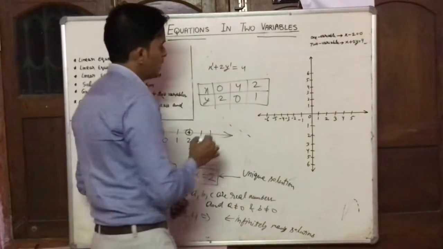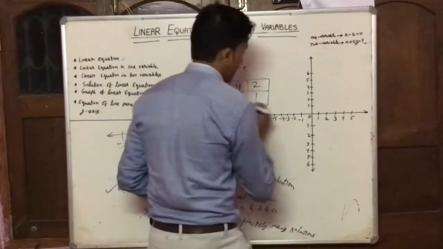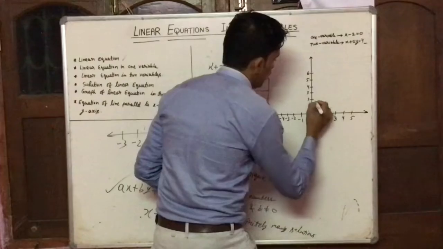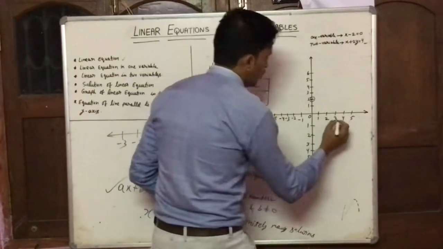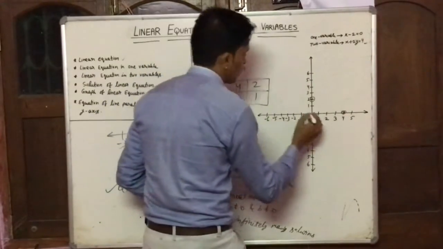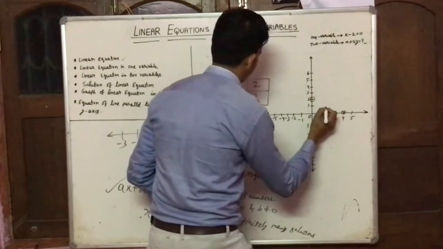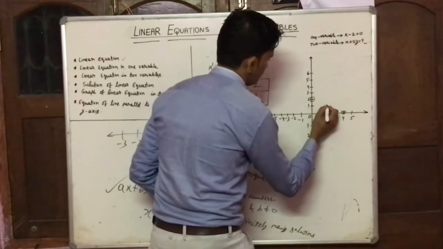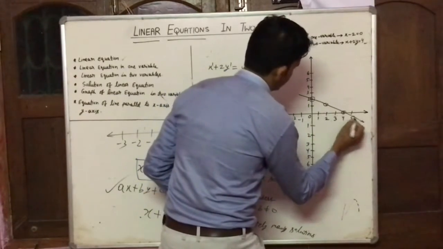So now let us plot it. x is 0, y is 2. Next, x is 4, y is 0 here, and next x is 2 and y is 1. So it will be like this.